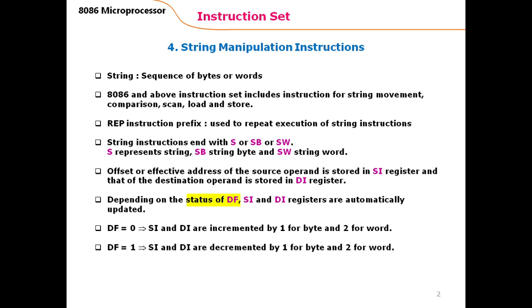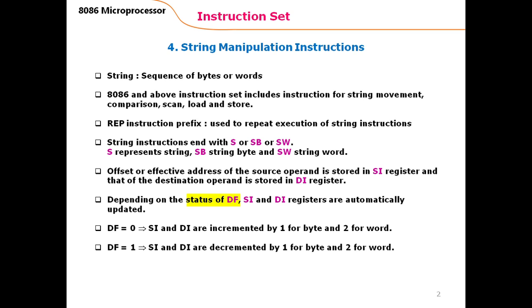Similarly, as the repeat prefix is normally used, which causes the instruction to be executed multiple times, the offset address needs to be updated to point to the next higher or lower memory location. So for that, the microprocessor automatically increments or decrements the index registers.